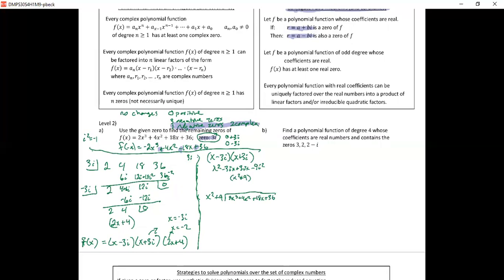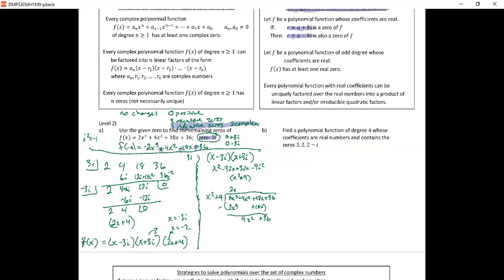So x squared will go into 2x cubed 2x times. We subtract out 2x cubed plus 18x. We get 9x squared. Sorry, that's a 4x squared. There's a reason why handwriting is very important to have. Good handwriting, that is. Plus 36.